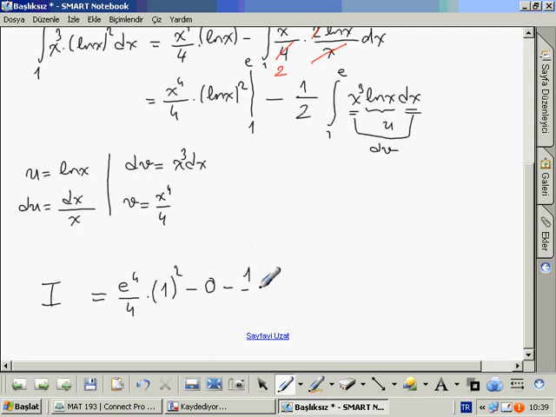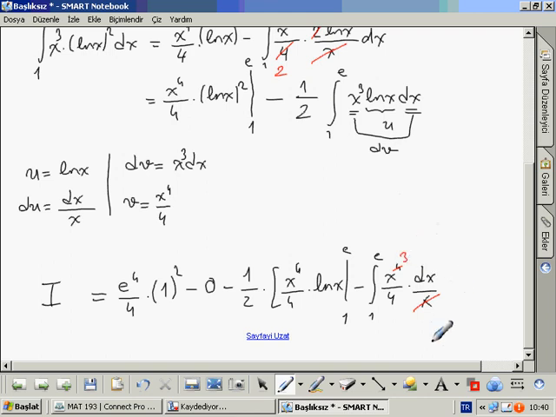And minus 1 over 2 times u times v, again x to the 4 over 4 and ln x, but this time not ln x square, and minus integral from 1 to e of v times del u, and we know that x to the 4 over 4 times del u, not ln x, I'm sorry, del x over x, of course, and cancellation again.